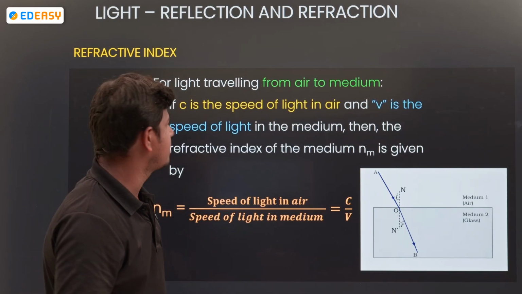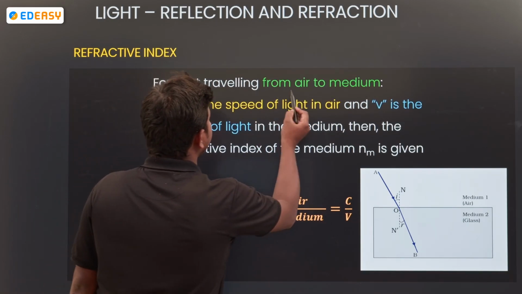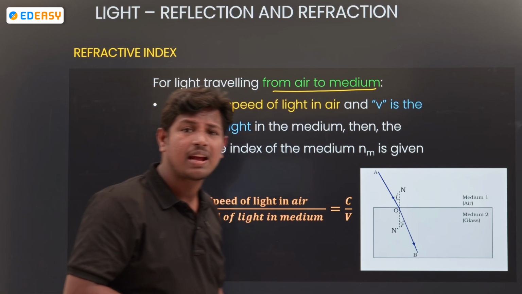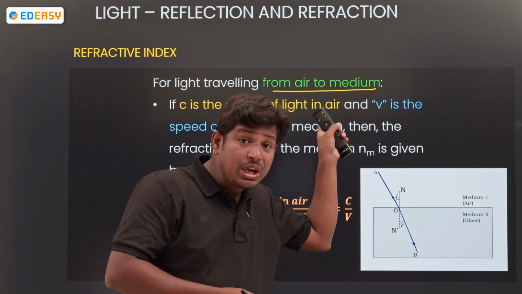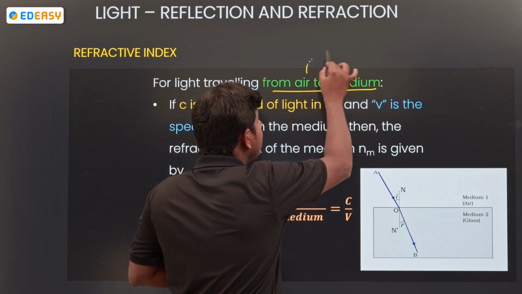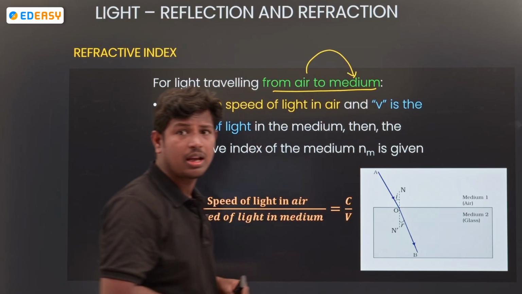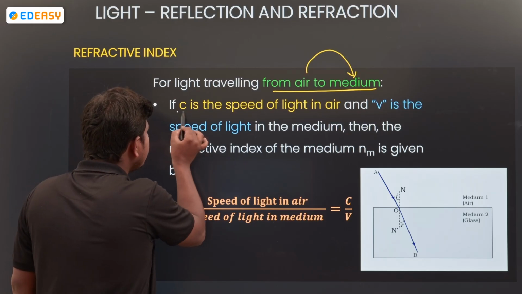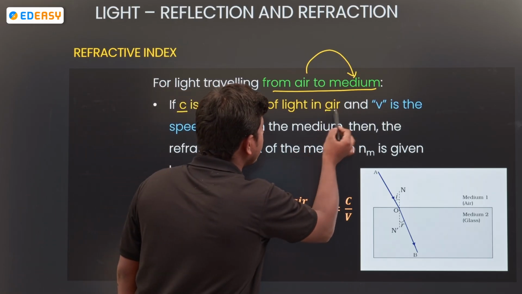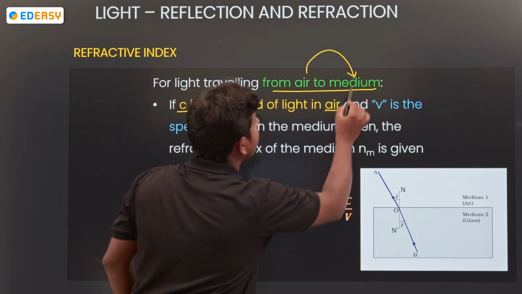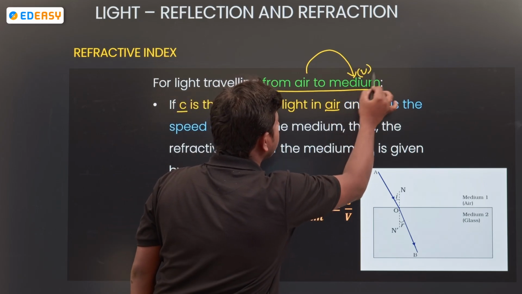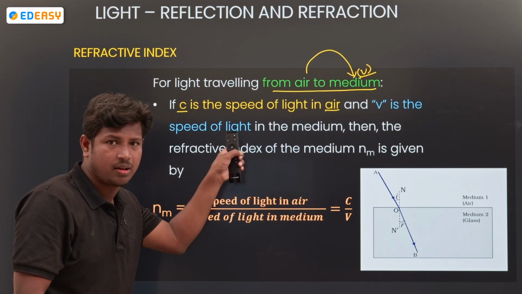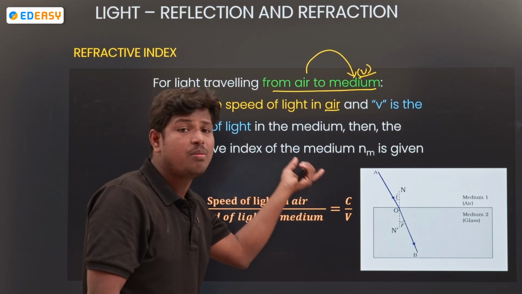Okay, next, for light traveling from air to medium, where to where is the light traveling? From air to medium. So what is c here? c is the speed of light in air and v is the speed of light in the medium.